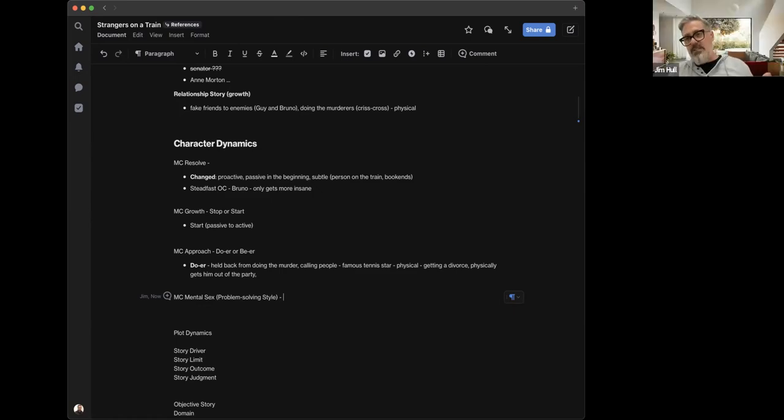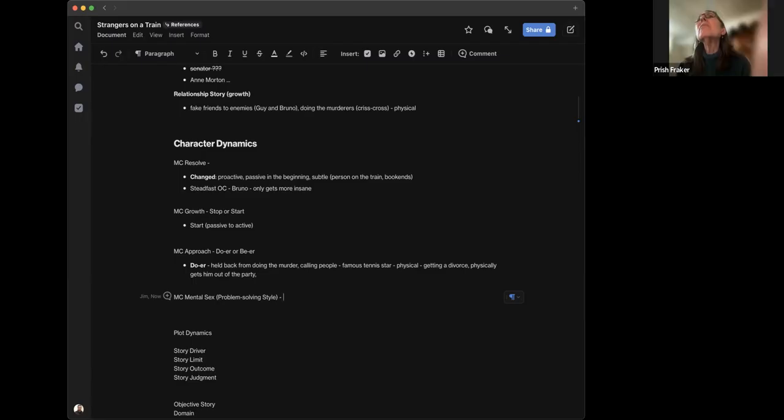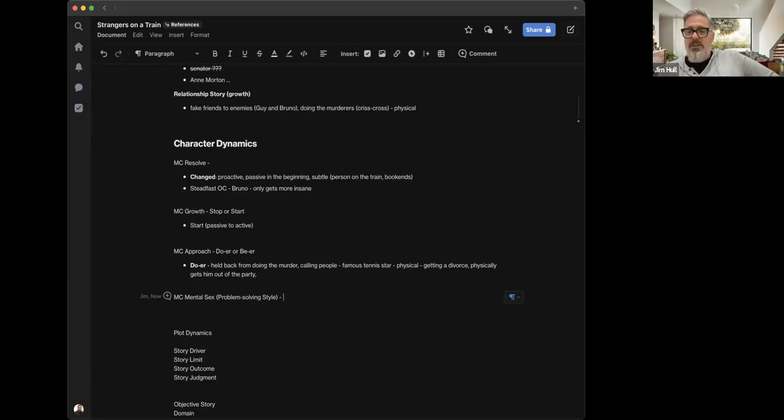Sure, but if he's physically giving it to somebody, and that's his approach to solve the problem, that's a physical activity. He gives him the gun when the guy is going to kill him. Why would he give him the gun? That's a doer thing. Whereas a beer might put on some sort of personality or put on airs to manipulate him to get something that he wants out of him.